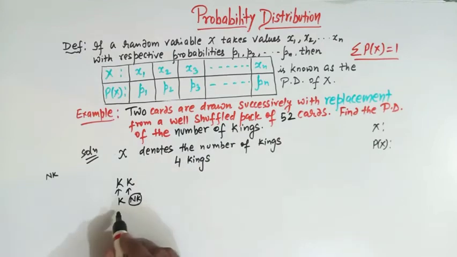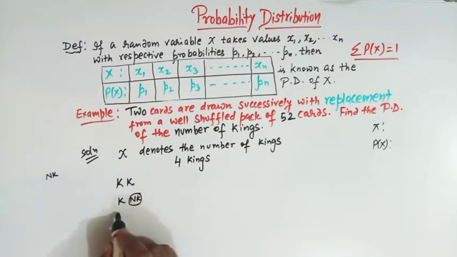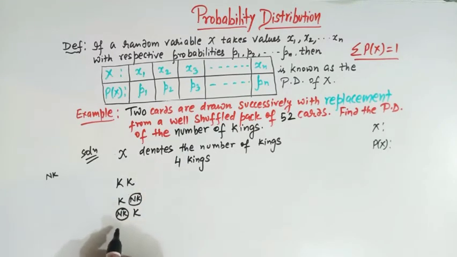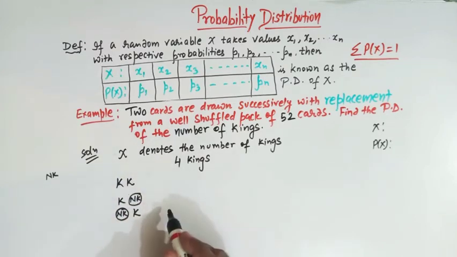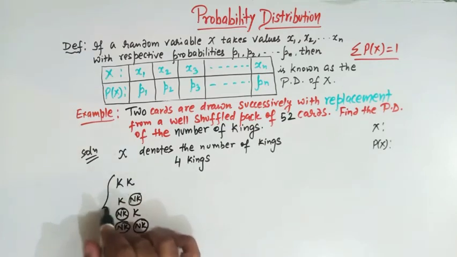Similarly, let us take the condition where the first draw results in a non-king card, and the second draw results in a king, right? And let us take the case where we have no king in both the draws, right? So it means we have NK, that is a non-king card, and here also we have a non-king card, right? Okay, so what is the situation here?